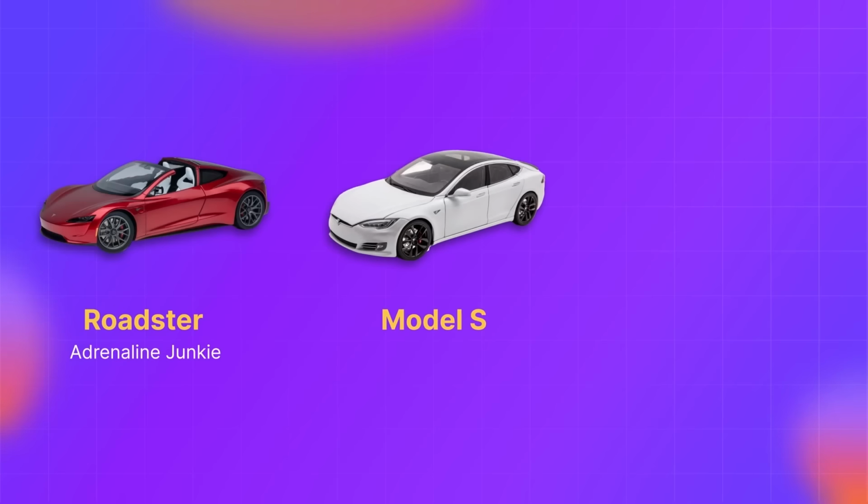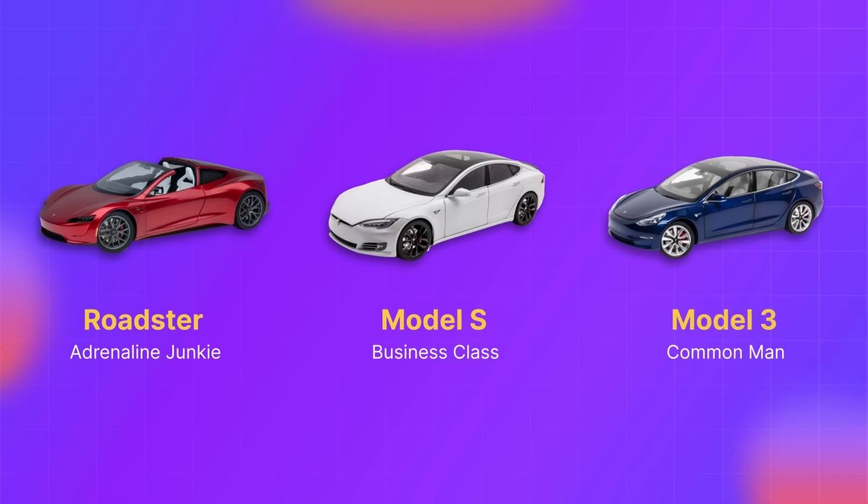The Roadster is clearly focused towards the adrenaline junkie. The Model S is focused on the business class that wants comfort and long range. The Model 3 was for the common man as it focused mainly on affordability. As you can see, Tesla had a different vision for each one of its cars and helped different segments of the same population.